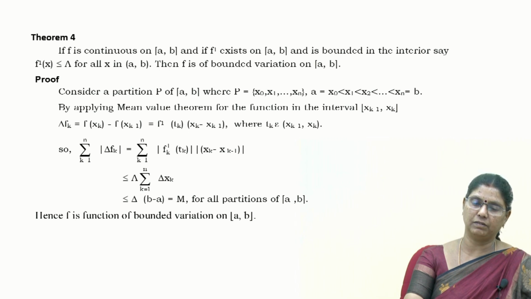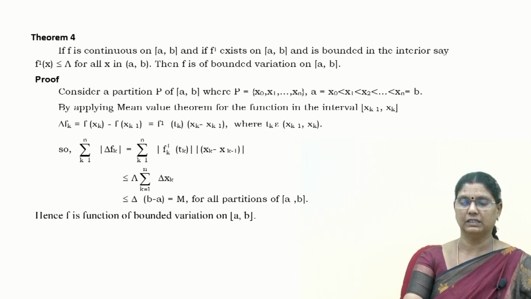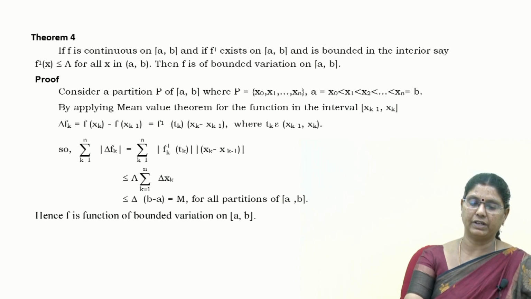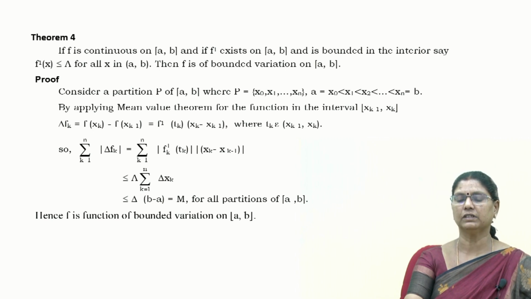Now, by applying the mean value theorem for the function in the given interval [x_{k-1}, x_k], we can write Δf_k equal to f(x_k) minus f(x_{k-1}). That is nothing but f'(t_k) times (x_k minus x_{k-1}). Here t_k is an interior point in this subinterval. So, if we take the summation over k from 1 to n, the sum of |Δf_k| equals the summation of |f'(t_k)| times |x_k minus x_{k-1}|.